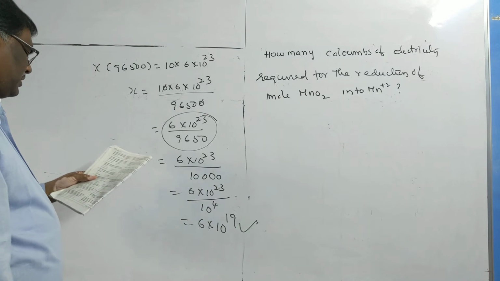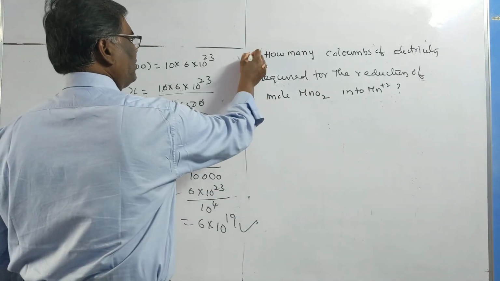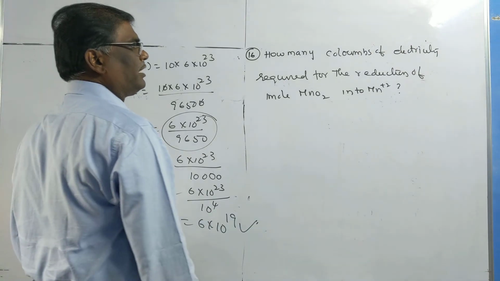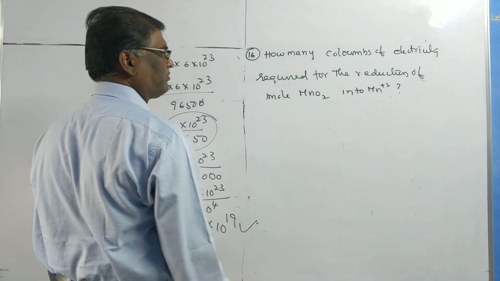This is the question asked. The question asked is how many coulombs of current electricity are required for the reduction of this one.